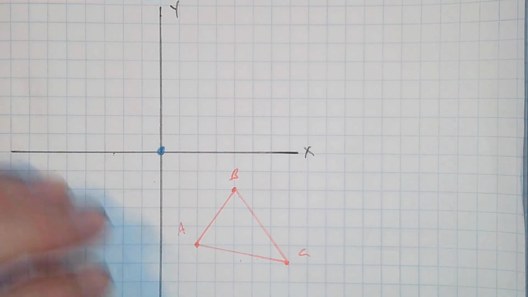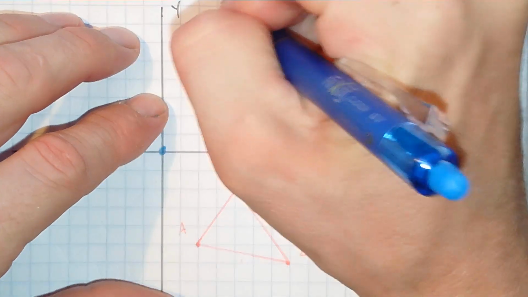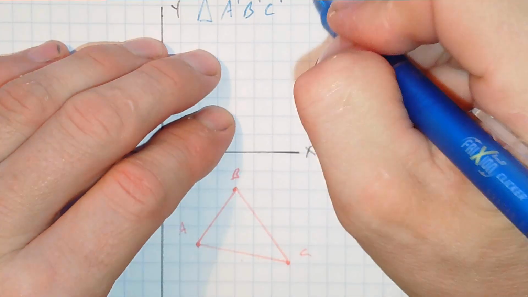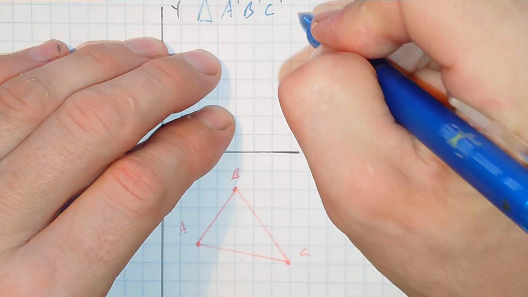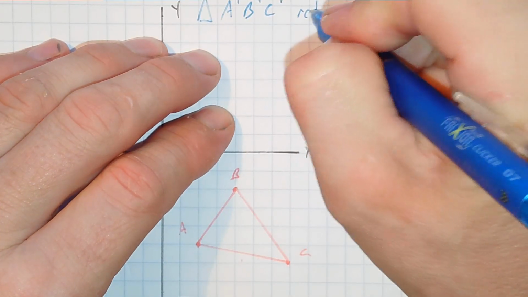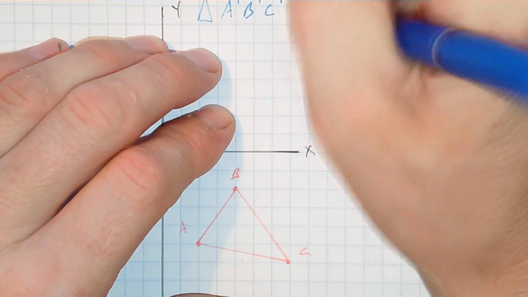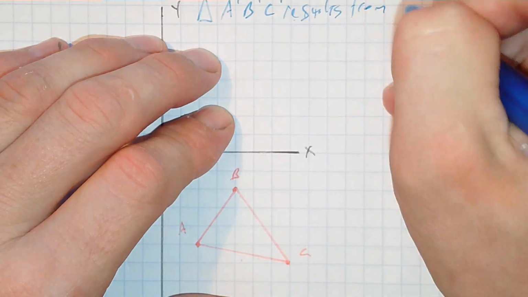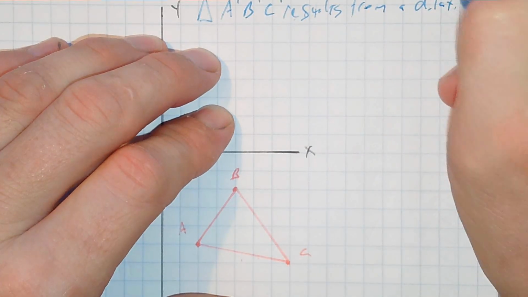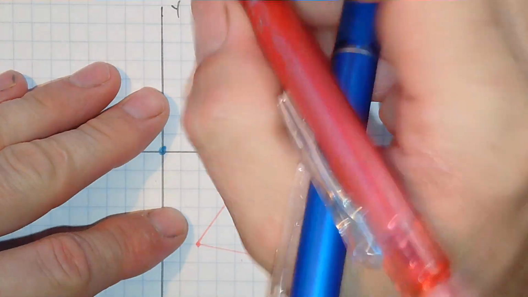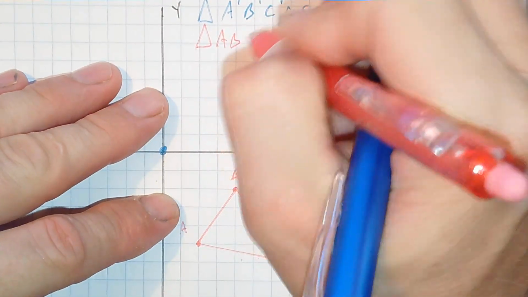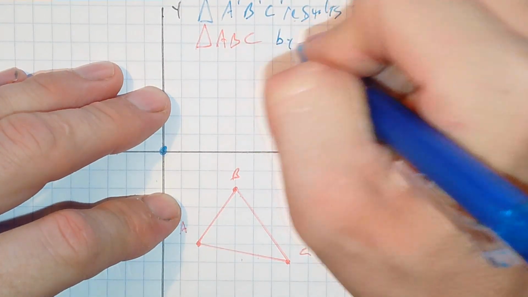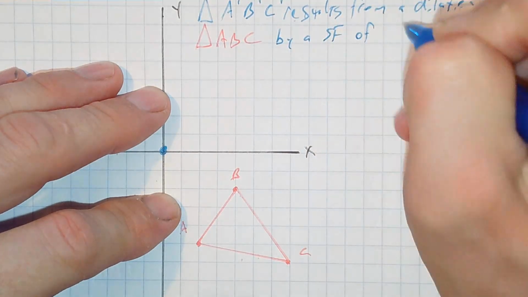And I'm going to say that A prime, B prime, C prime, the triangle I'm going to make, results from a dilation of triangle ABC by a scale factor of, we'll do 1/2 this time.